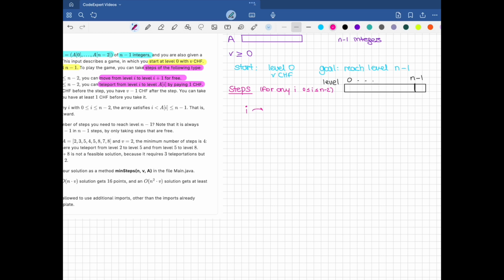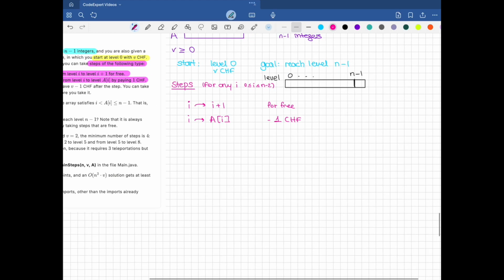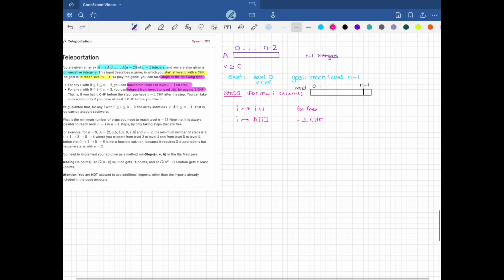We can go to level I plus 1 for free, or we can go to level A of I by paying 1 francs. That is, let me also note the regulation here.